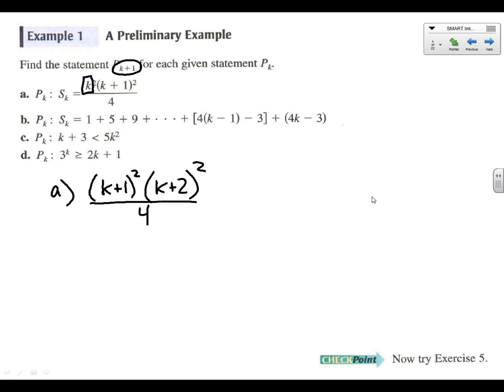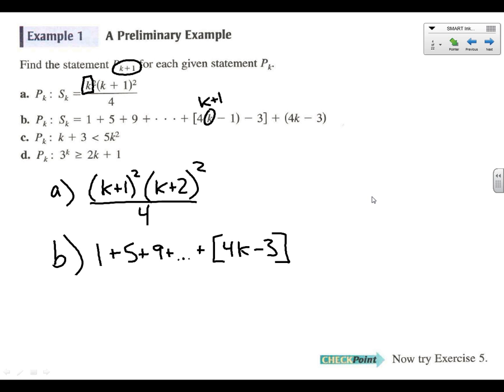For b, the formula is 1 plus 5 plus 9 plus dot dot dot plus 4k minus 1, we're going to replace k with k plus 1. So plus 4 times k plus 1 minus 1 just turns into 4k minus 3.